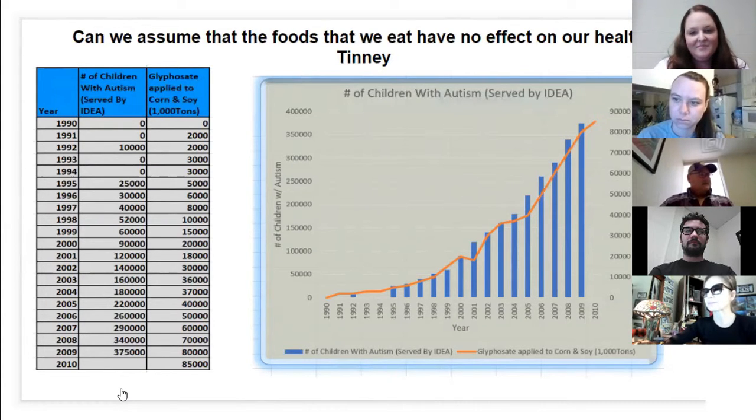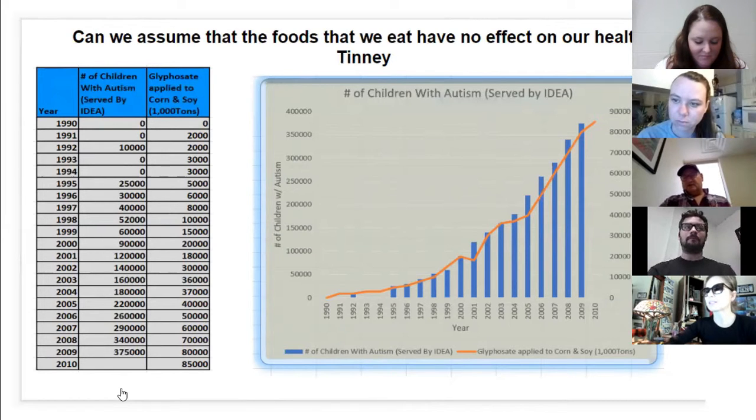And this just shows how autism has increased with the usage of the glyphosate on corn and soy and everything else, because back in the 90s, they didn't use very much of it. As the years have gone on, they use a lot more of it to regulate the weed control, and they want to have more crops.